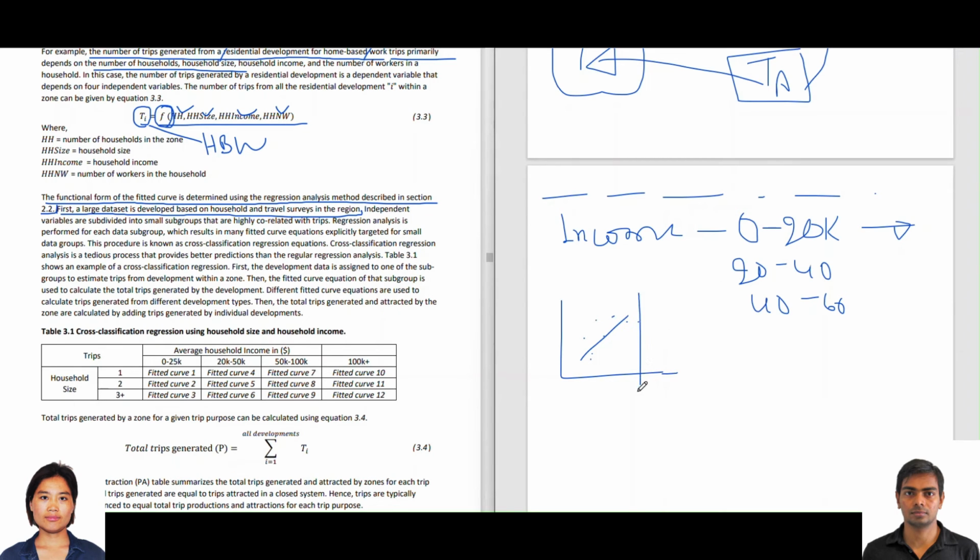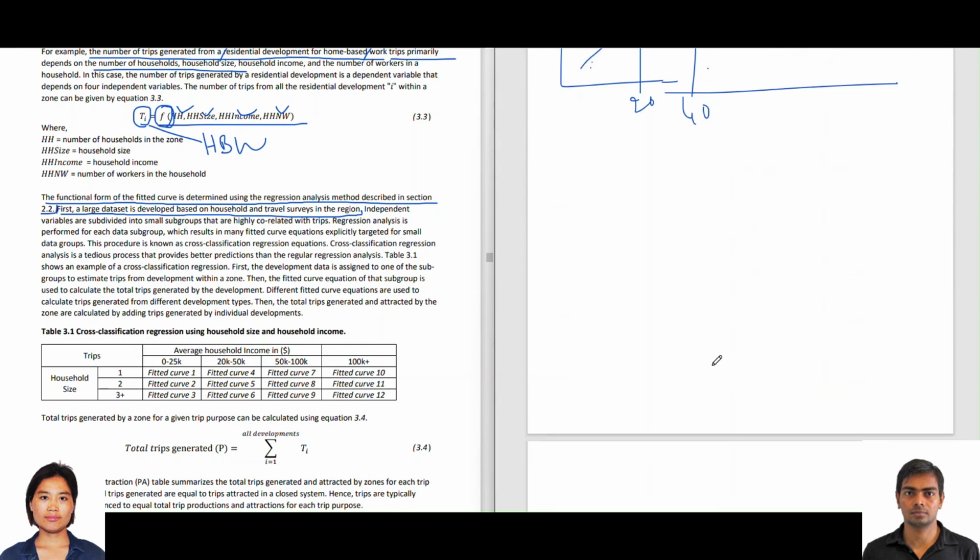Then let's say here is 20. Let's say we have some data points here between 20 to 40. Then another equation will be developed. Then let's say we have some data points, number of trips generated, here. So then another fitted curve will be developed. These curves may be linear, may not be linear. I'm just drawing it linear for simplicity.